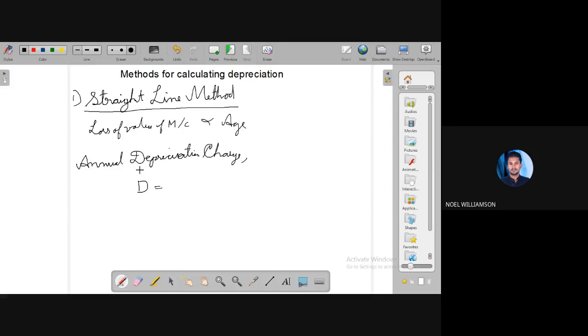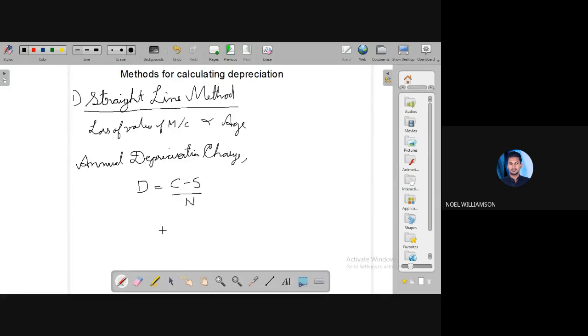You have a particular value for the product initially, and as time passes the value will decrease. How much it will decrease after 1 year is the annual depreciation charge, D, which is given by C minus S by N.